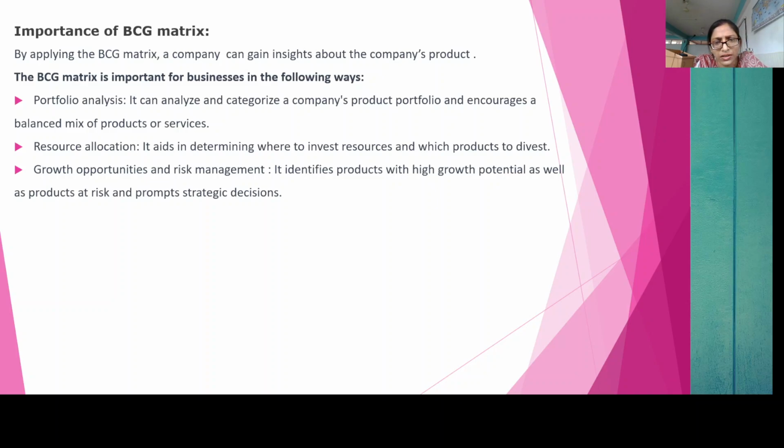It identifies products with high growth potential as well as products at risk, and promotes strategic decisions.